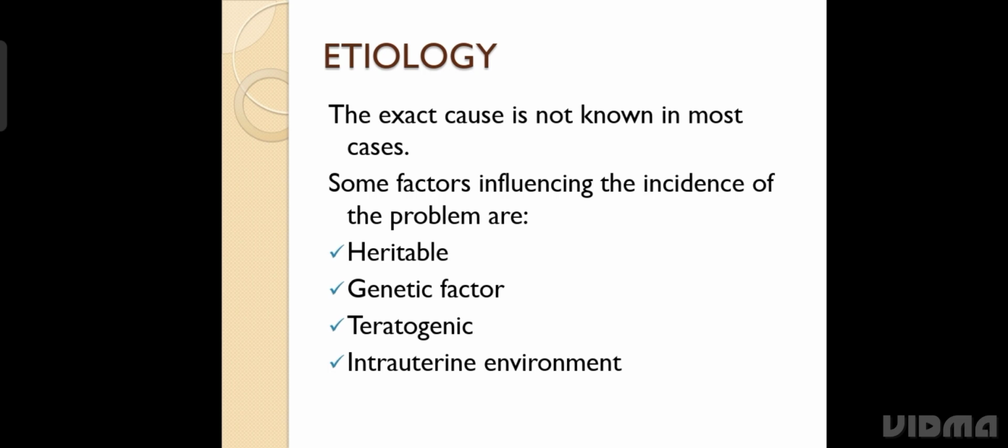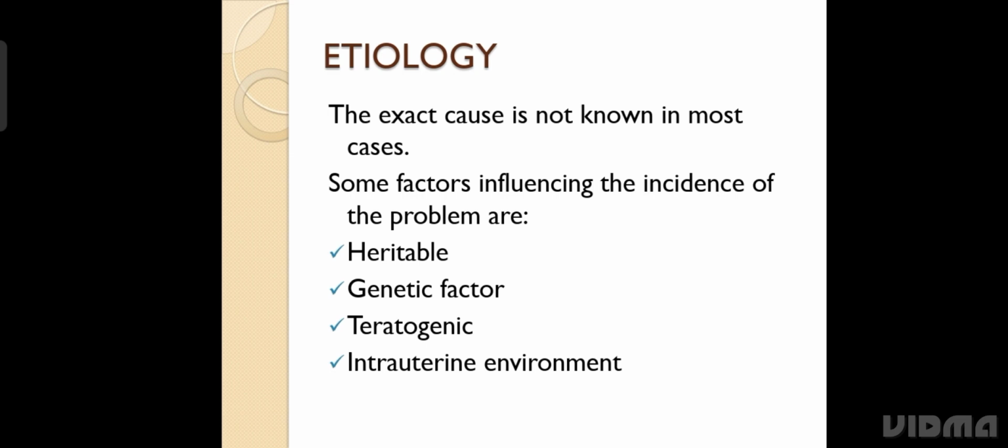The third is teratogenic, which means toxic agents. If the mother has ingested any toxic agents by any route, like smoking, taking alcohol, or ingesting any kind of drugs, that can cause abnormality in the baby.